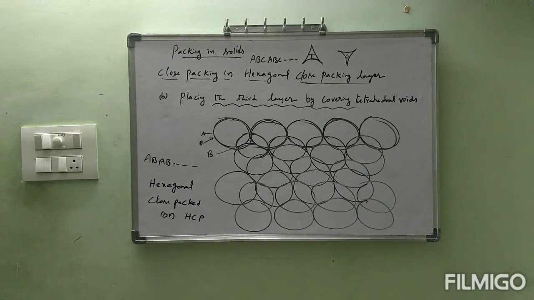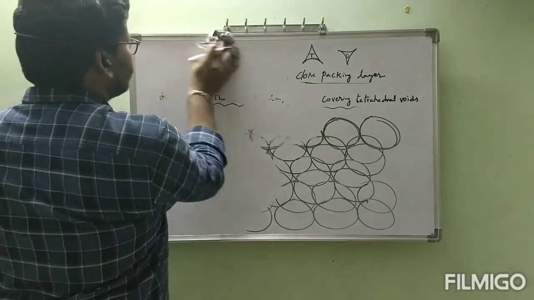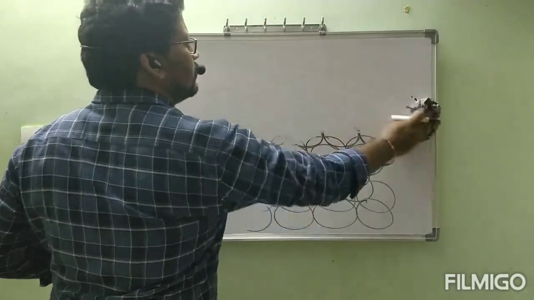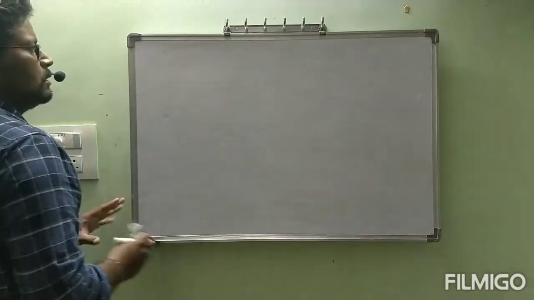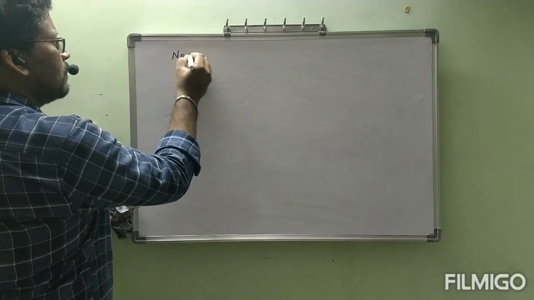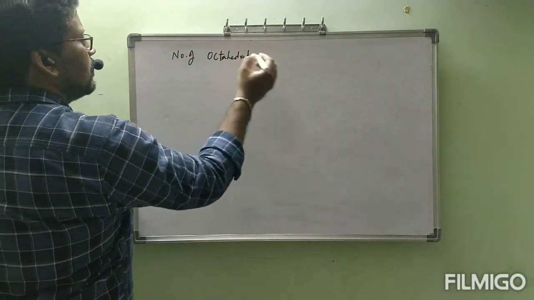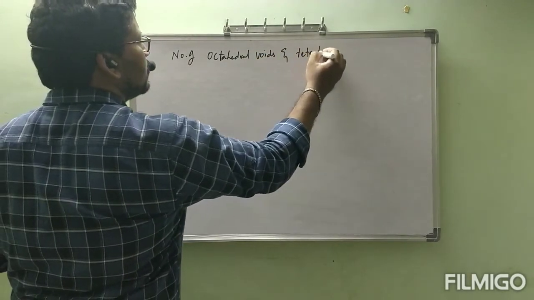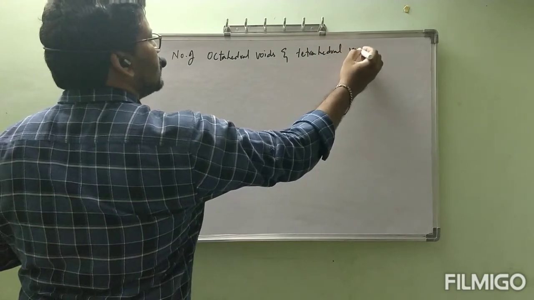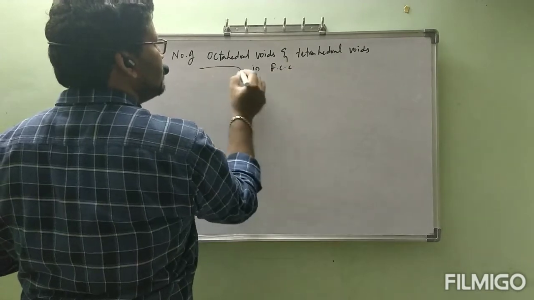Now our next slide heading is number of octahedral voids and tetrahedral voids in FCC or CCP.